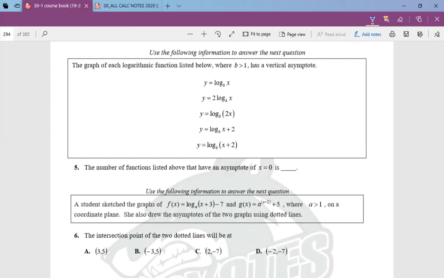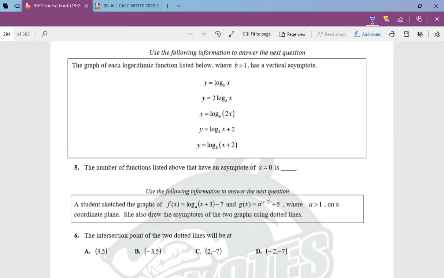The graph of each logarithmic function listed below, where b is greater than 1, has a vertical asymptote. So b is greater than 1, so it starts off as an increasing function. The number of functions listed that have an asymptote of x equals 0, so therefore our asymptote should be the y-axis.